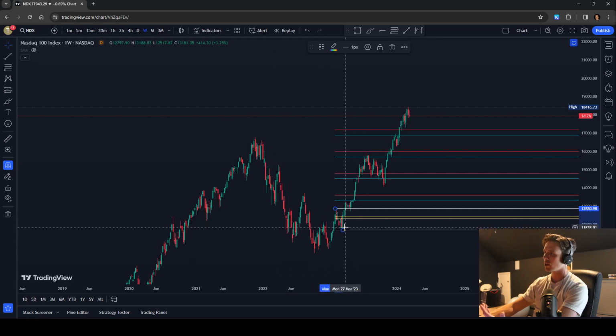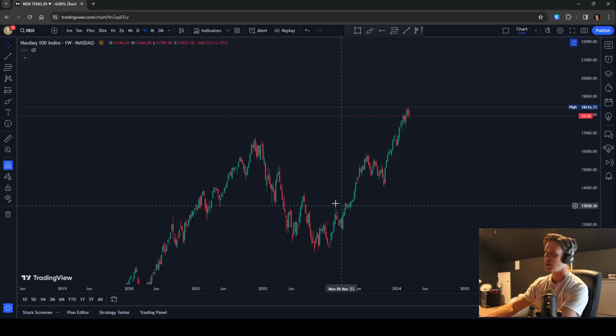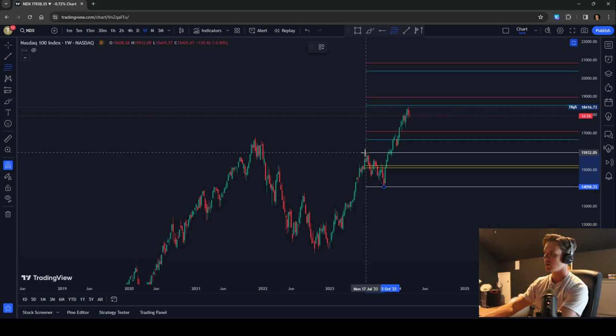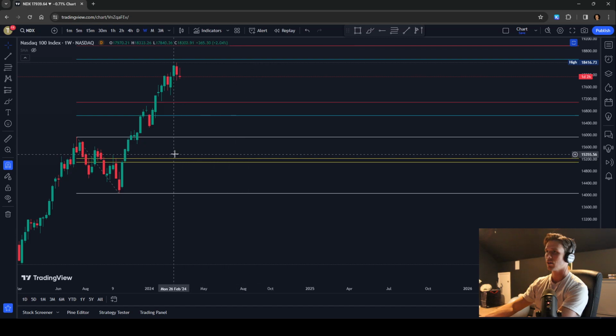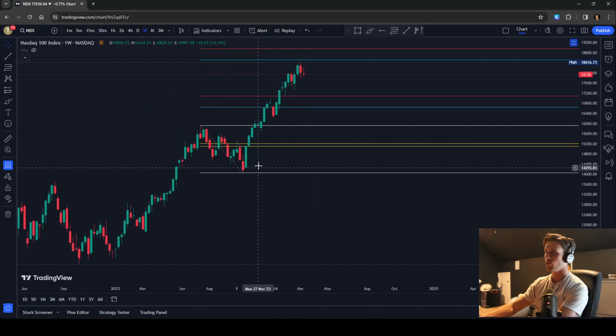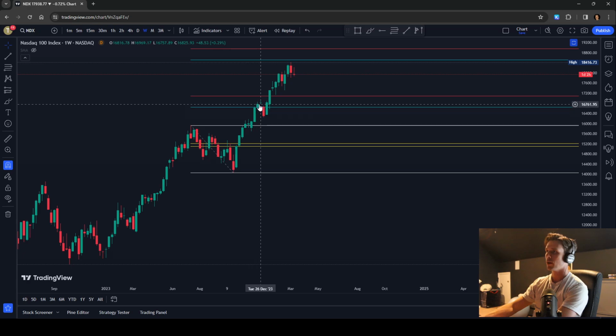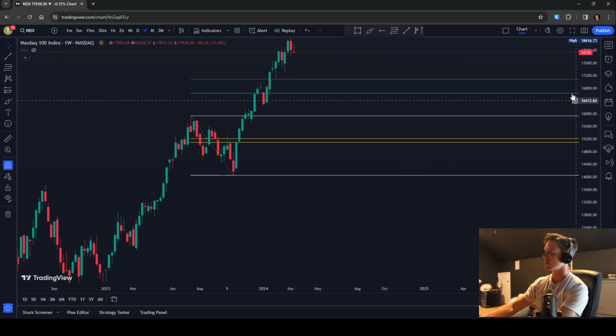So you could use this pullback to see how price is reacting to extension zones. If you don't love that, and if you don't see a ton of confluence, then you can maybe look recently to see here at what we're looking at here. And it looks like just from this most recent pullback on a weekly chart, we had a rejection off of the first extension zone. It went back up, and now we're slowing a little bit at the second extension zone.